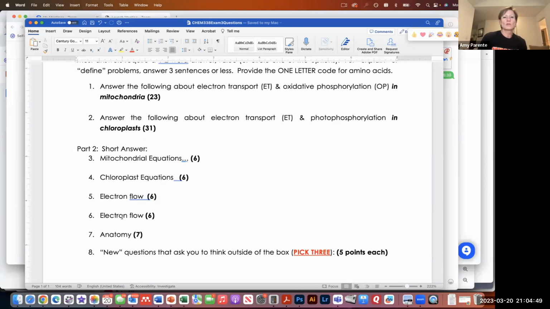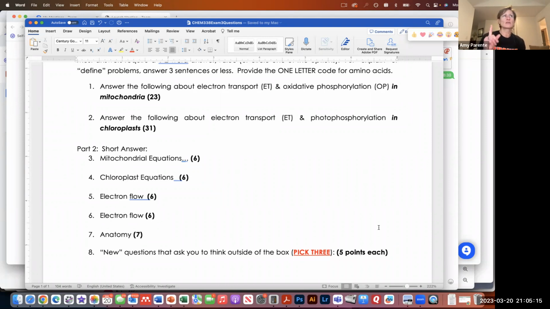Then there were homework questions that dealt with how electrons flow and how that's different in mitochondria versus chloroplasts. And then a compare and contrast question about chloroplast versus mitochondrial anatomy. Those are the 5 short answer questions.